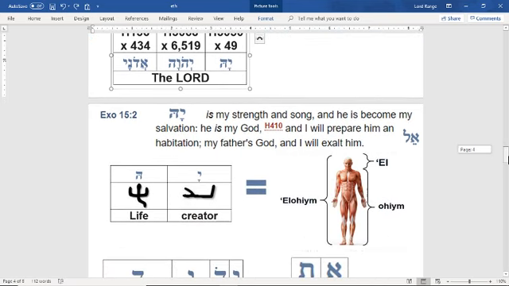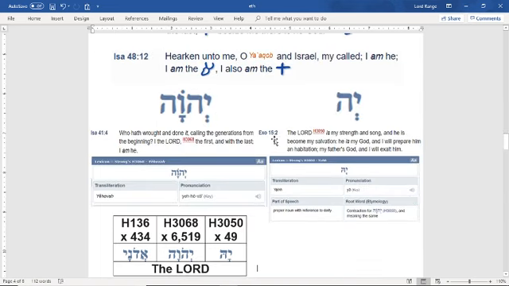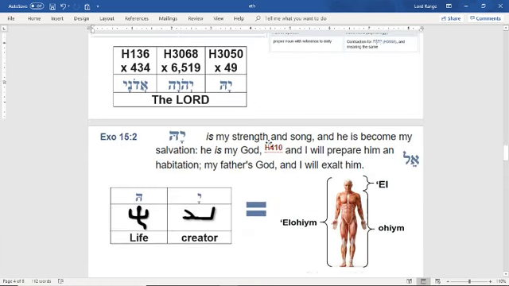So from here, we're going to Exodus 15:2, because here we have the first time Yah again is used in the scriptures. So we know it comes from that Hebrew reference number 3050. So Yah is my strength and song, and he is become my salvation.